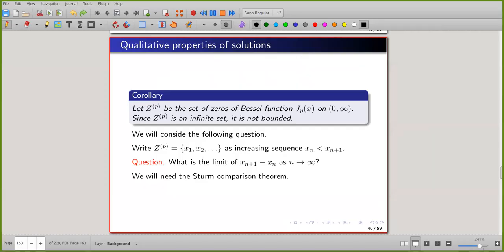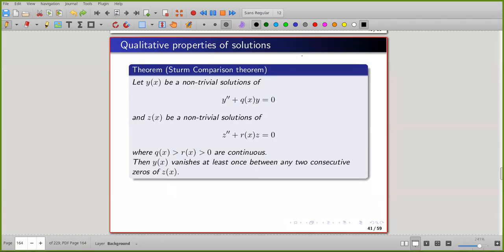So for that, we will need the Sturm comparison theorem. So what does that say? The Sturm comparison theorem says: let y(x) be a non-trivial solution of y'' + q(x)y = 0, and z(x) be a non-trivial solution of z'' + r(x)z = 0, where q(x) is strictly greater than r(x), which is strictly greater than 0, and both are continuous.